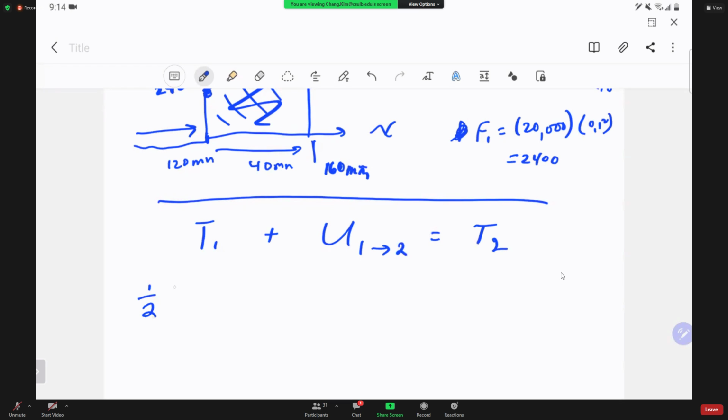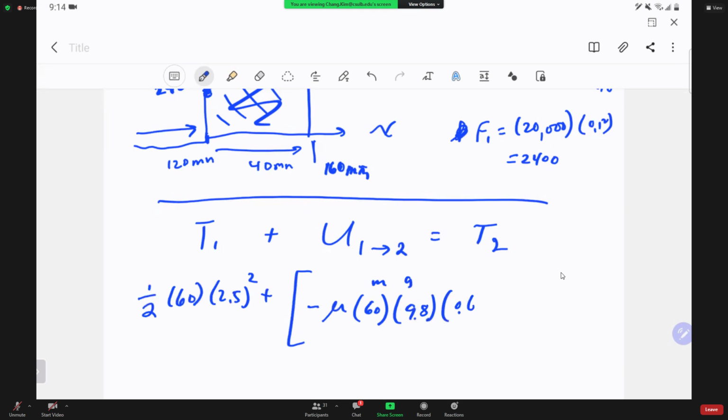Kinetic energy is 1/2 times mass times 2.5, the initial velocity, squared, and the friction force is mu times the weight, which is mass times gravity, 9.8, and this block traveled 0.6 plus 0.04. The spring is acting negative, minus 1/2 times 2,400 plus 3,200 newtons times the other distance.